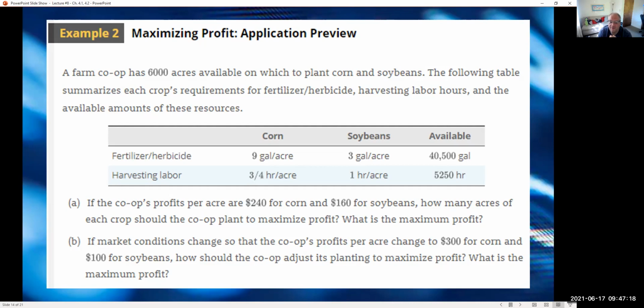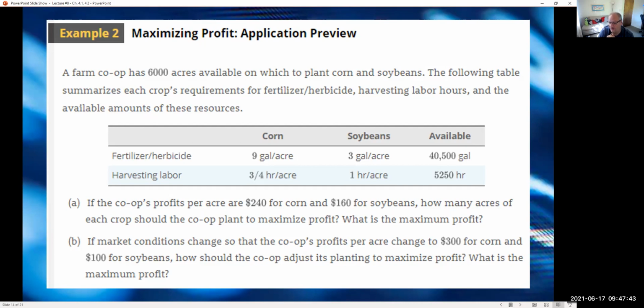So some things that I can see looking at this, if I make X the number of acres of corn and Y the number of acres of soybeans, then I could say there's 9X and 3Y associated with 40,500, you know. And the same thing with 3/4 X plus 1Y, right?